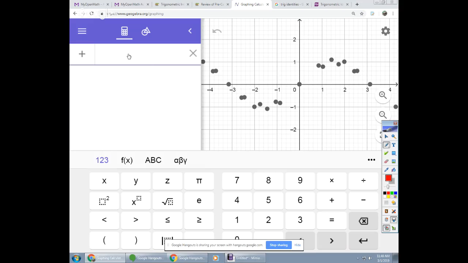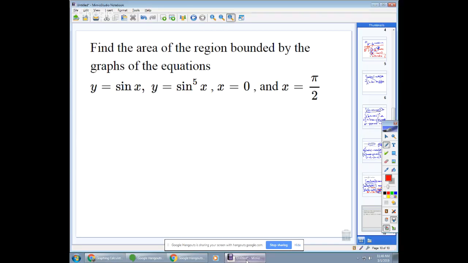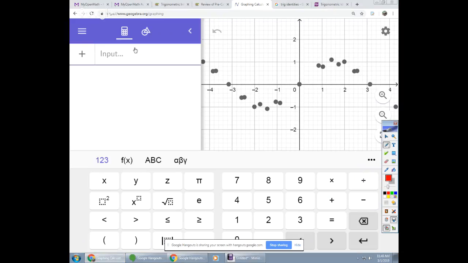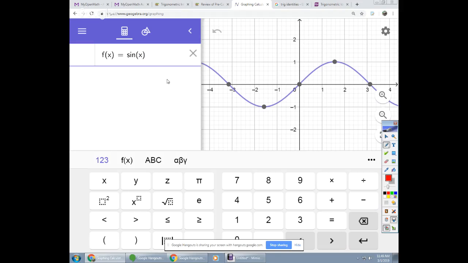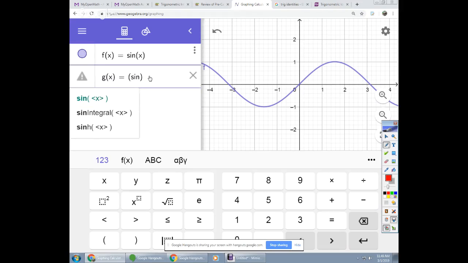So let's see. Again, sine and sine to the 5th. So f of x equals sine of x. G of x equals the sine of x raised to the 5th power. Ooh, that's a cute little wiggly thing.